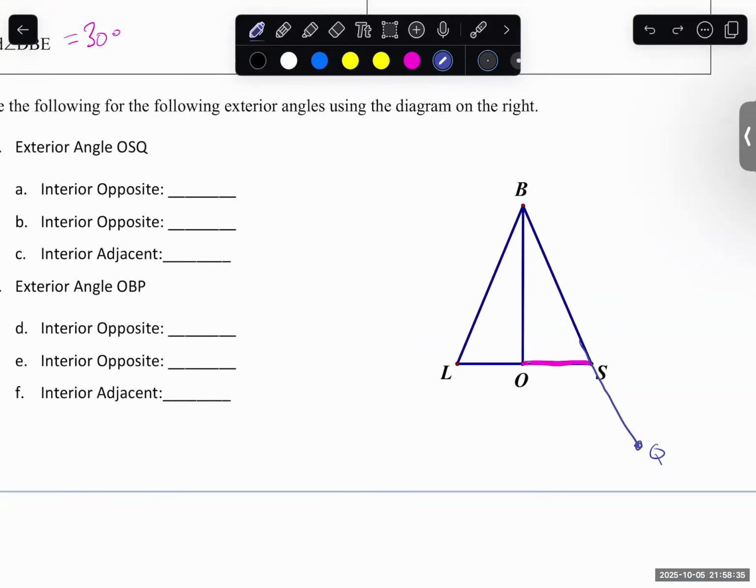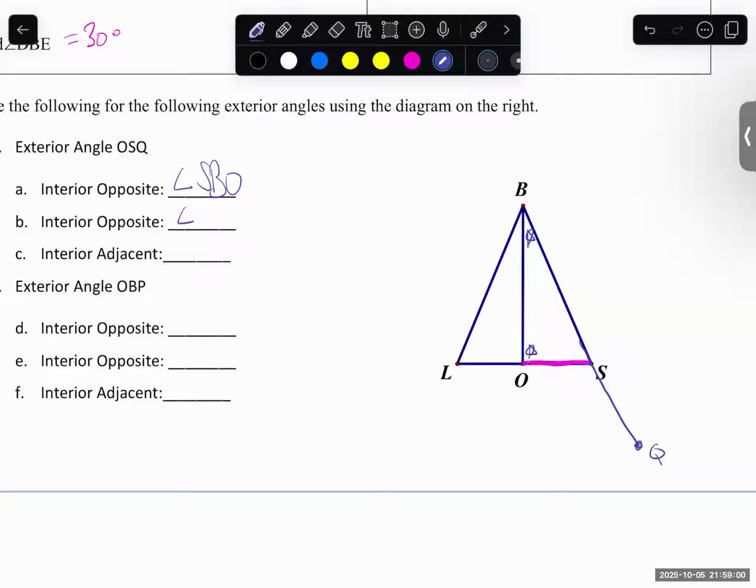So for this one, the interior opposite, there's two of them. We are going to assume for this exercise that we're talking about this triangle. Sorry, I know it's a little bit confusing, but the interior opposite is going to be SOB or SBO. So this one, and also this one.